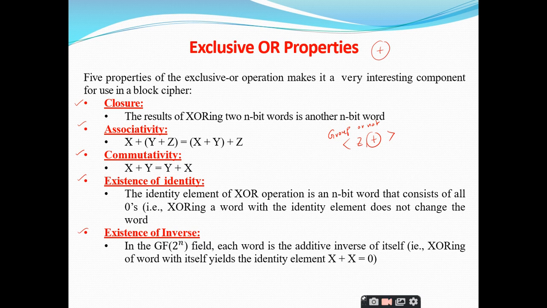If I want to say it is a group, that means the set of integers operated on this operator should satisfy the following four properties: the closure property, associativity, the existence of the identity, and the existence of the inverse. In this particular slide, it is saying that the exclusive OR operation satisfies these four properties. Now tell me whether this group is an abelian group or not.